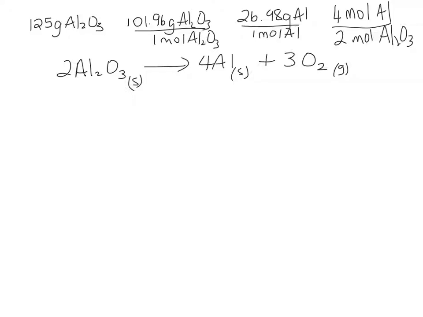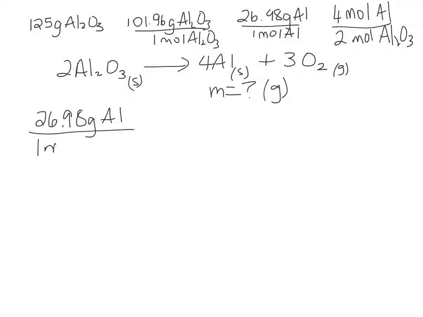Okay. So we want grams of aluminum. So the ratio that we start with has to have grams of aluminum in it. So we're going to start with our molar mass of aluminum.